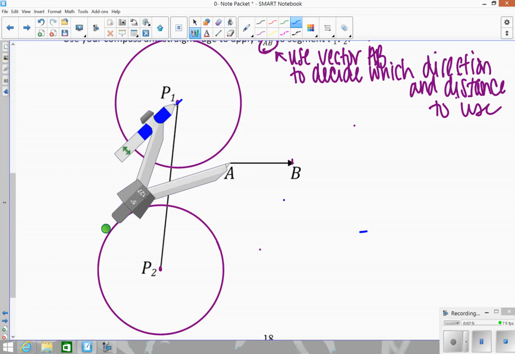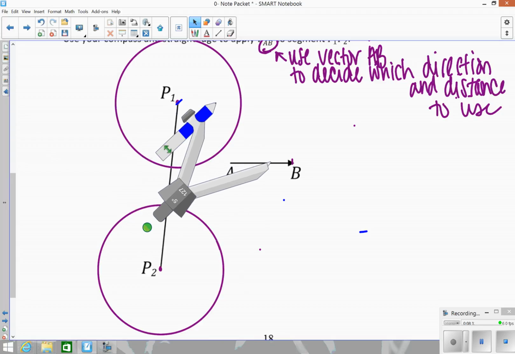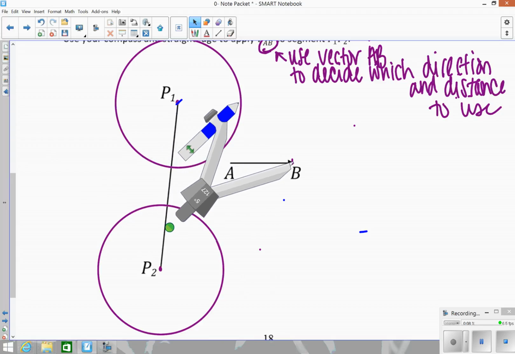Then I need to take P1 and translate it so that it ends up going the same direction to get to B. To make it go the same direction as this vector, you're just going to trace this vector. See how I'm just taking the edge, tracing along until I get to the endpoint. Once I get to the endpoint, I mark that intersection.